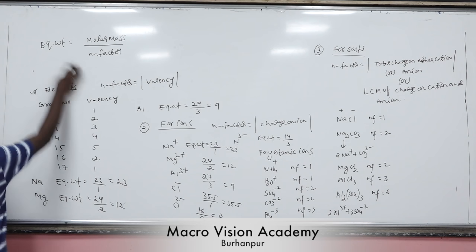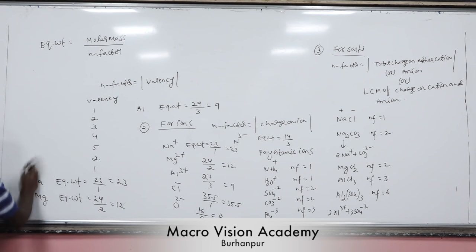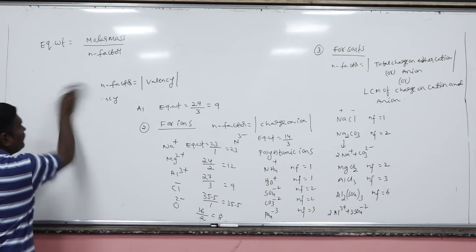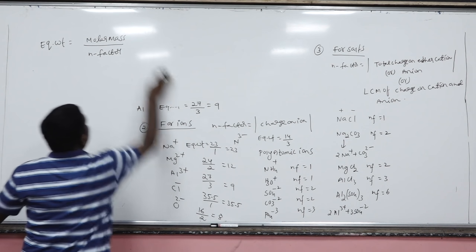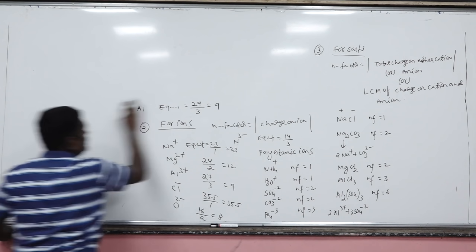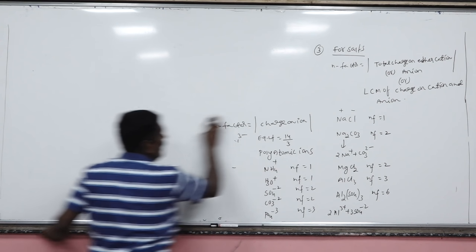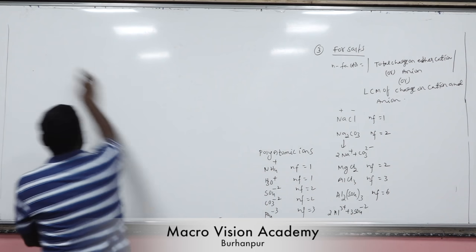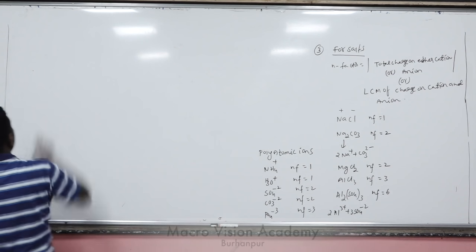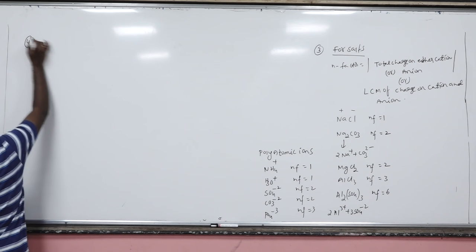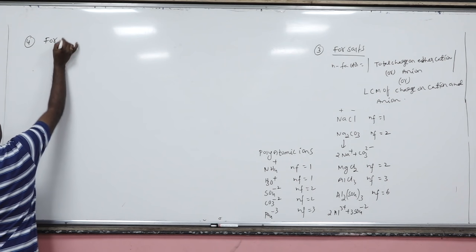Okay. Now come to n factor for acids and bases. How to calculate the n factor of acid and base? Now, fourth one, acids.